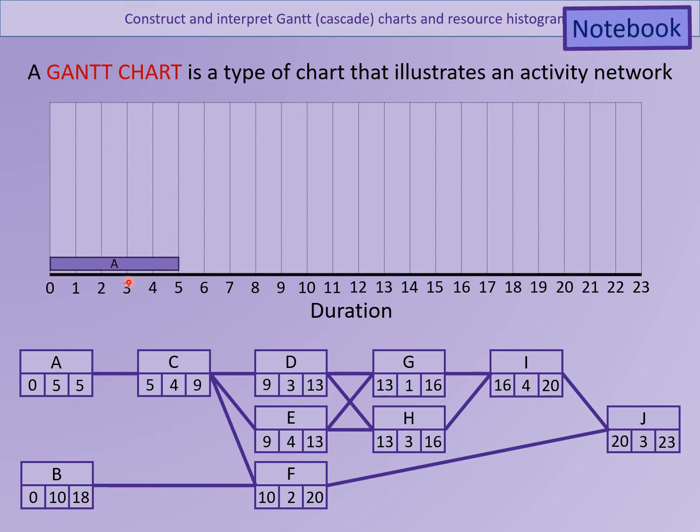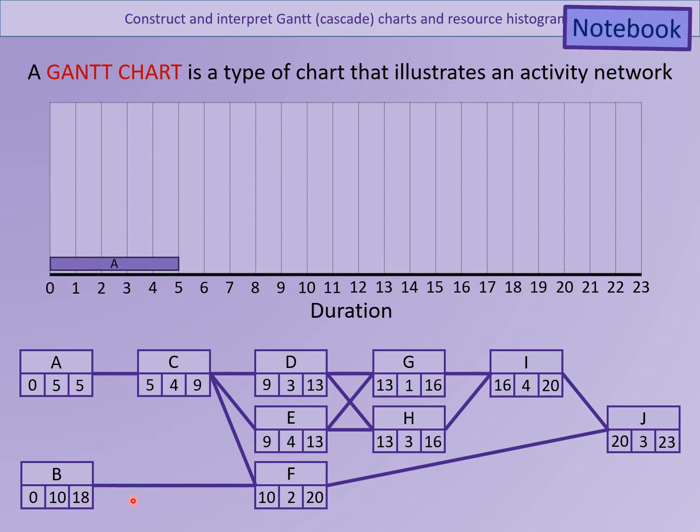I don't connect it to this line because it's one dimensional, so I leave a little bit of space. Leave yourself quite a bit of space above it, because you're going to put all the other activities in. Activity A has to start at 0 and finish by 5, so it clearly shows on the Gantt diagram how much time it takes and when it has to be done.